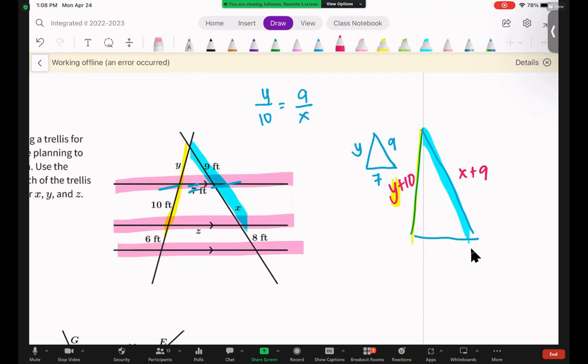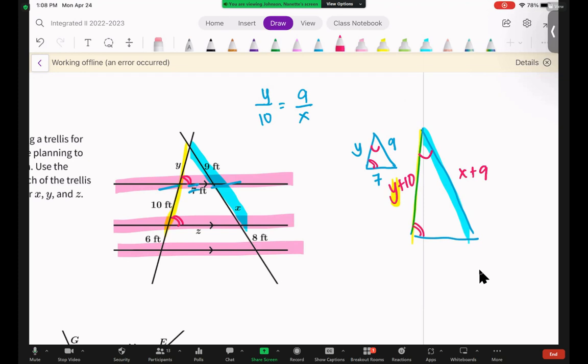And so now because you know that these 2 triangles are similar, and if you don't know why they're similar, the easiest way is AA. They share this angle here, and then because these lines are parallel, you get corresponding angles here and here. So those 2 triangles are similar. So now you can write another proportion.